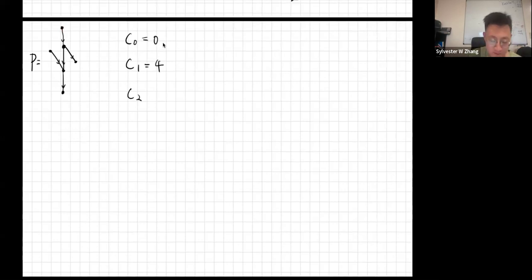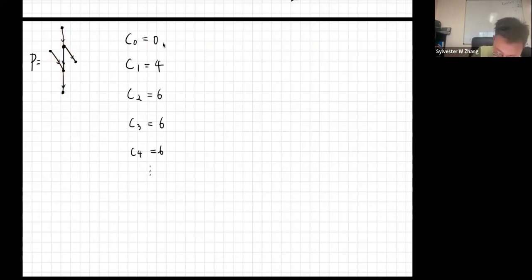You can get 6: this is the first chain you can use, and this is the second. So C_2 equals 6. If you keep going, you've already covered everything, so that's the maximal number you can get. C_3 equals 6, C_4 equals 6, and so on.